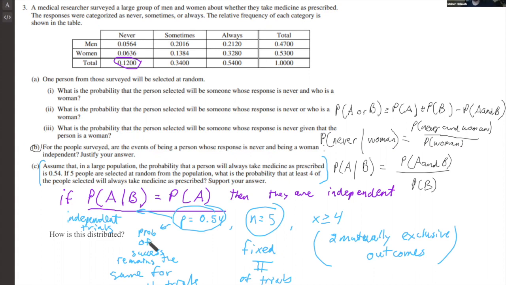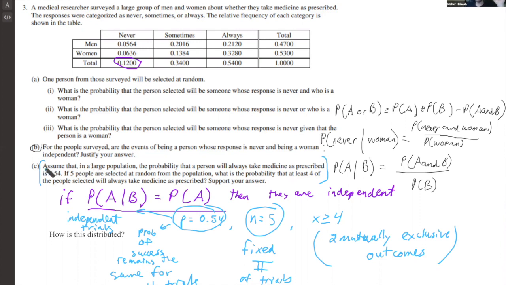These 4 requirements are the requirements for a binomial distribution. If you have a fixed number of trials where you have 2 mutually exclusive outcomes, success or failure, and the probability of success remains the same for all trials, pretty much due to the fact that the trials are independent from each other, we have a binomial distribution.